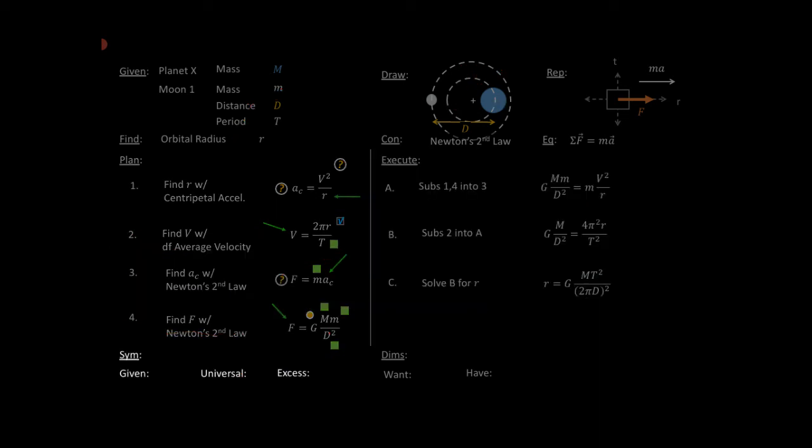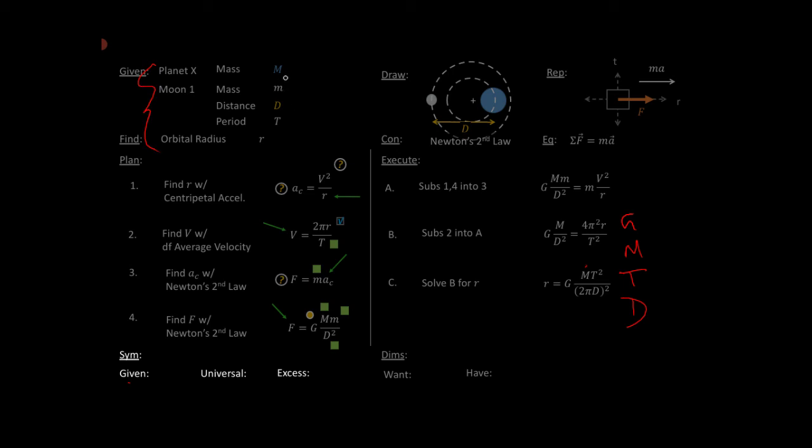Now we want to see if this is an okay equation. So how do we do that? Well, we take each one of these symbols in here, right? So we've got G, M, T, and D. And we want to decide if it's given, if it's universal, or if it's excess. If it's excess, we've done something wrong. We want to only have stuff that's given or something we can assume. Okay.